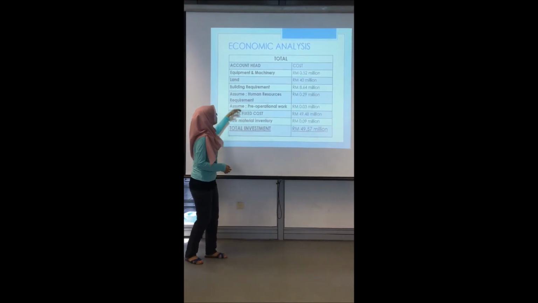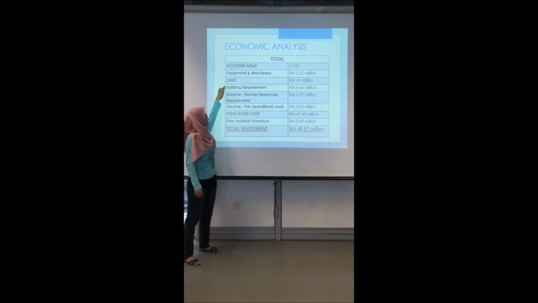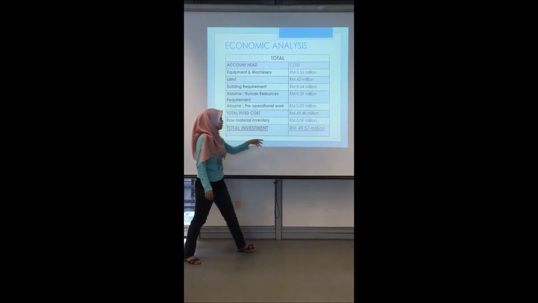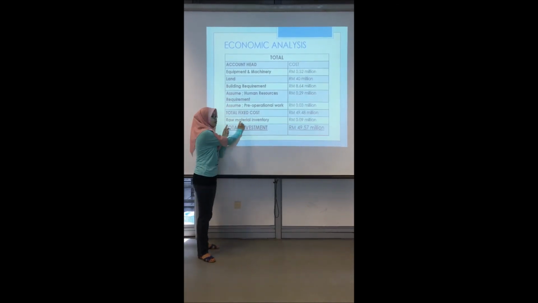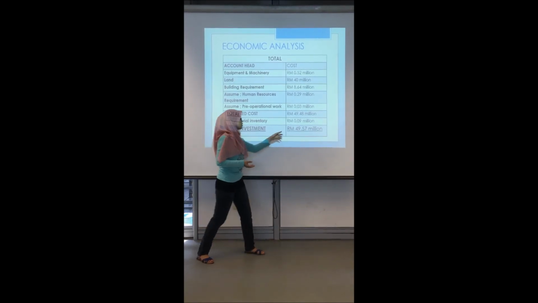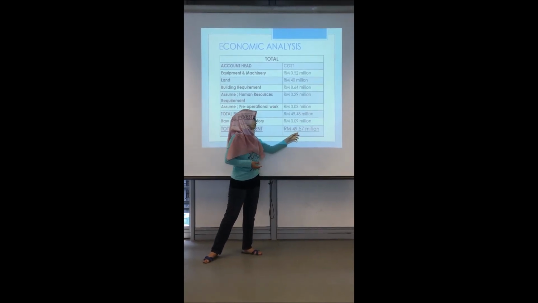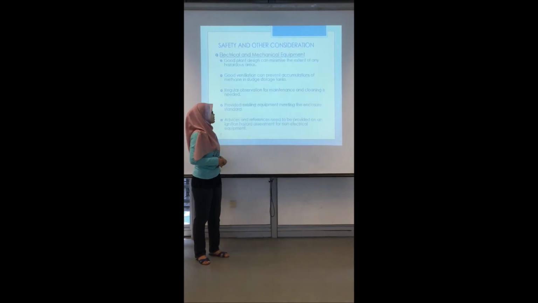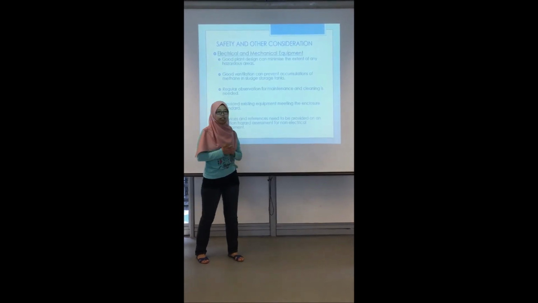After I sum up all the requirements, machinery, land, and building, plus the raw material for our industry, we got 49.57 million. Okay, I'm done with the economic analysis part.